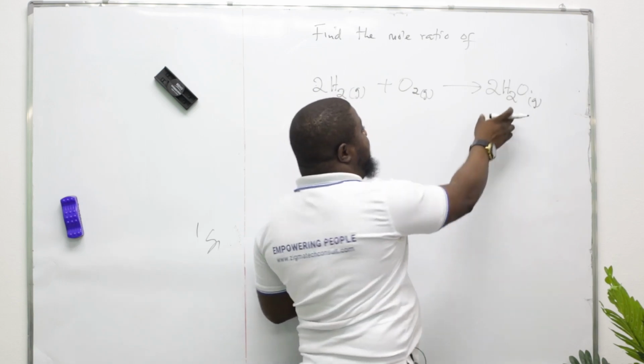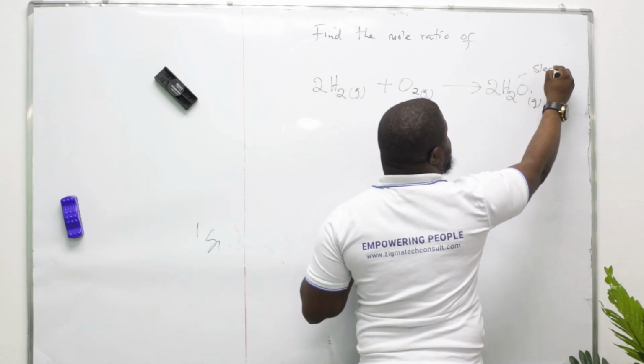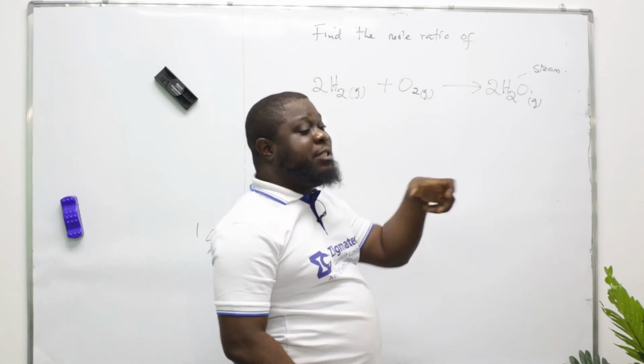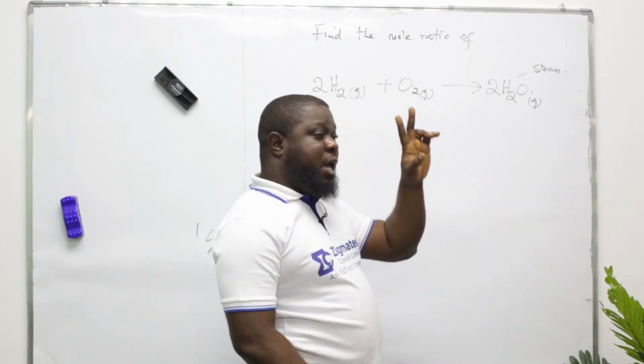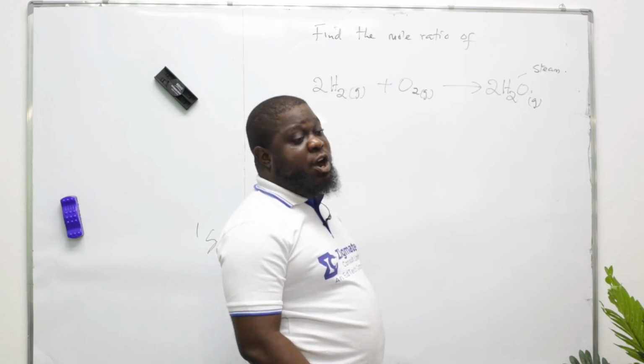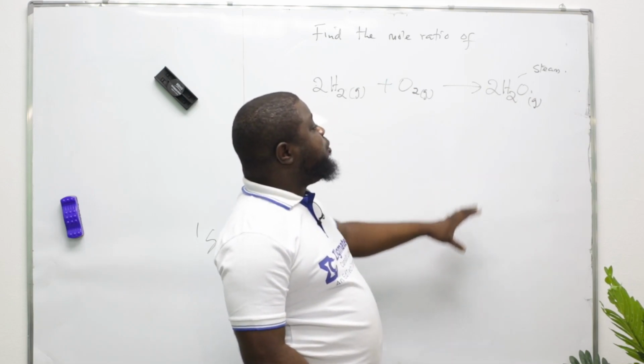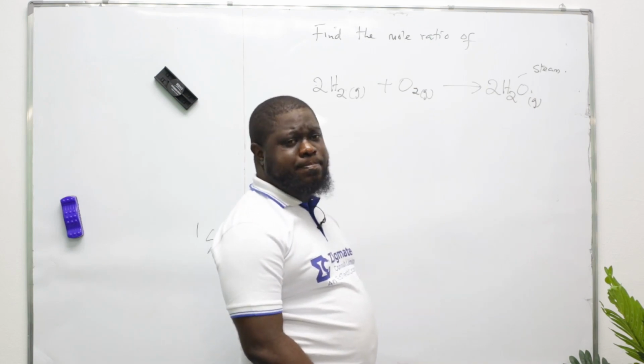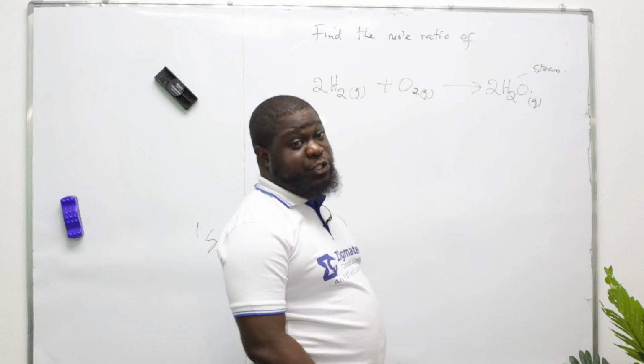Yes, because this formula is the formula for steam, vapor. I told you water can still be called dihydrogen oxide. Di means 2. Dihydrogen oxide can still be called water. So now when 2 molecules of water come to play, it becomes steam. That's the formula for steam.